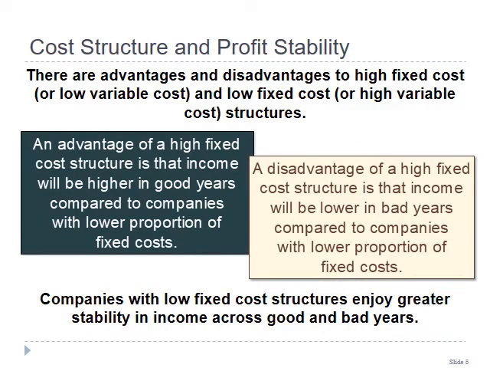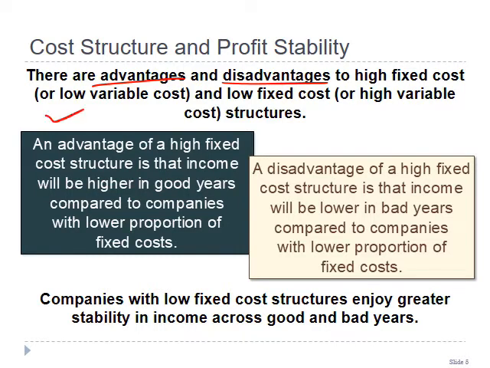There are some advantages and disadvantages to a high fixed cost or a high variable cost structure. Generally, companies with a high fixed cost structure will show higher net income in good years than companies with a lower fixed cost structure.